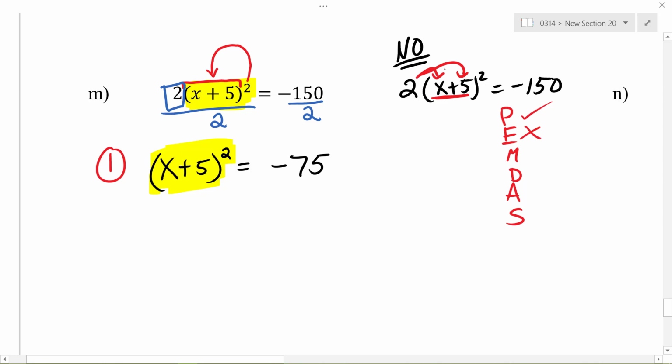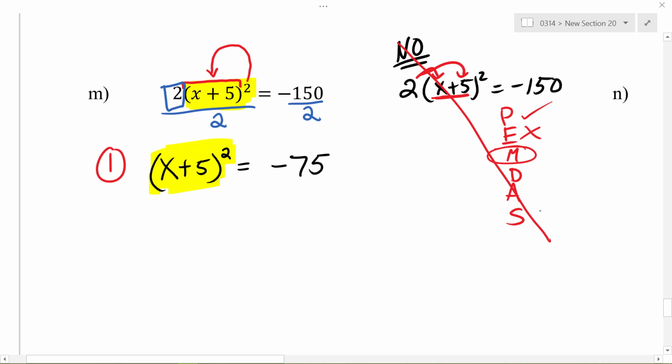What is distribution? Isn't that multiplication? That is multiplication, and I'm not allowed to do multiplication before I perform the exponent. If I don't want to perform the exponent because it would introduce a linear term, then I can't perform the next operation of multiplication. I'm not allowed to do multiplication if I'm not willing to first do the exponent.